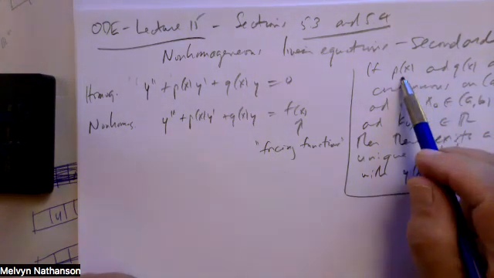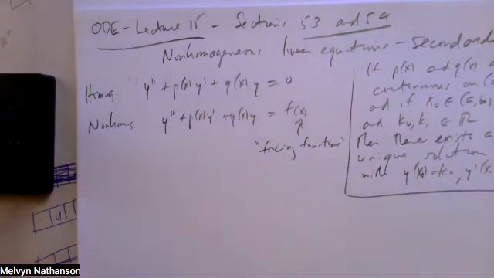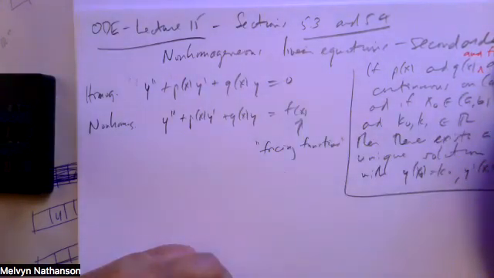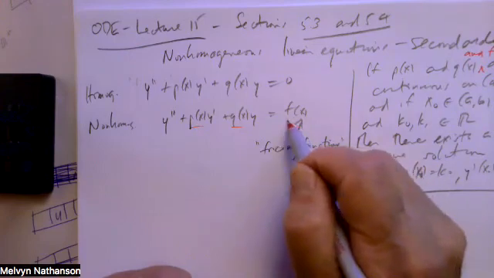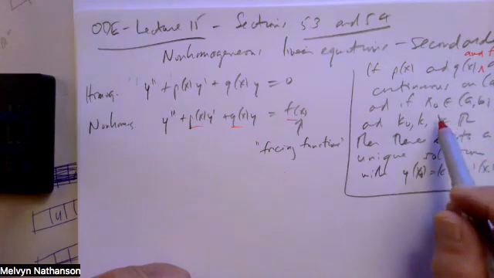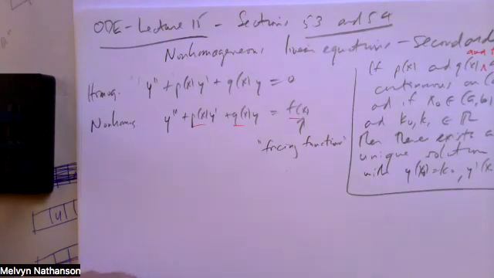So this says if p of x and q of x, and let me then insert f of x, because here we have three functions involved in this differential equation, if all three are continuous on some open interval, and if you choose any point in that interval and any two real numbers, k naught and k1, then there's always a unique solution of the initial value problem. So this is, for us, the fundamental existence and uniqueness theorem.